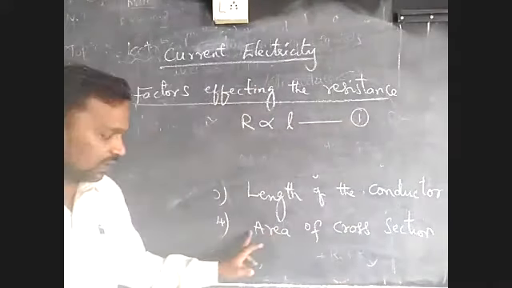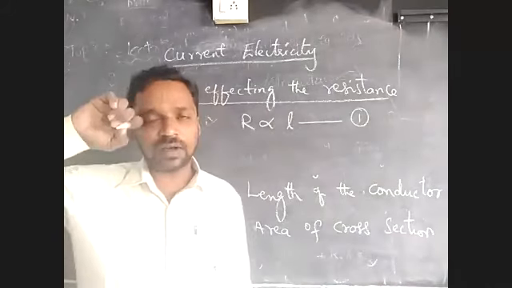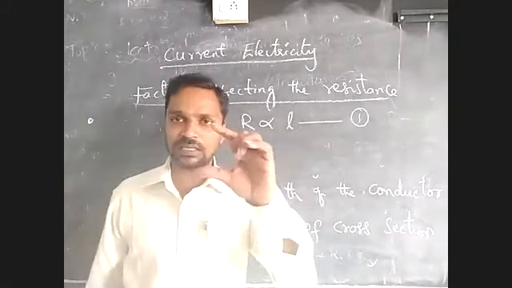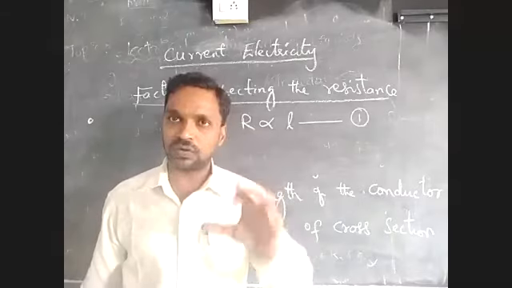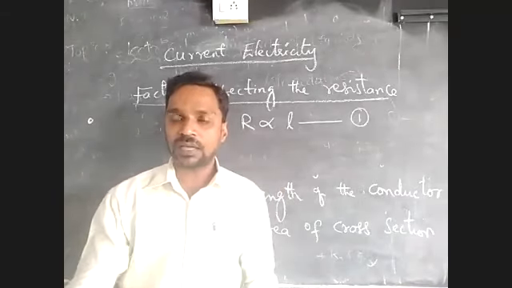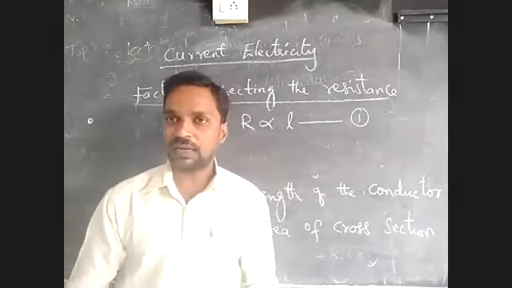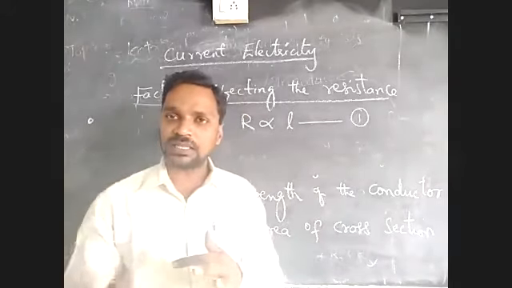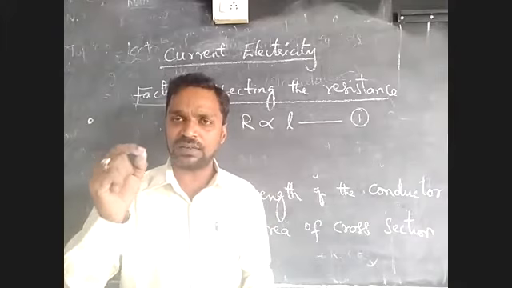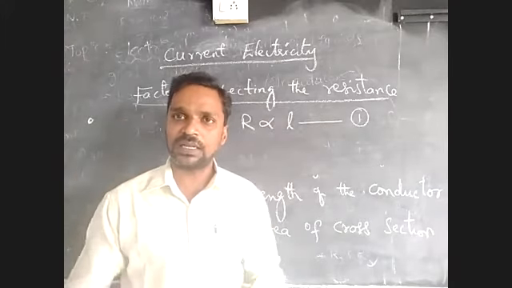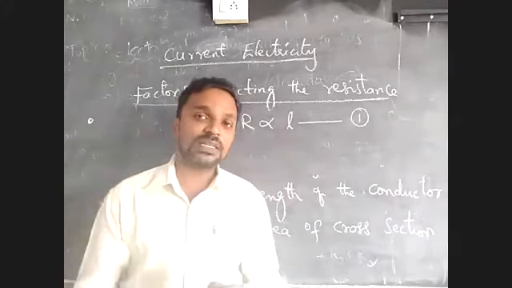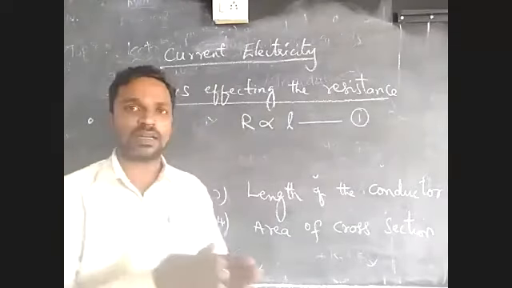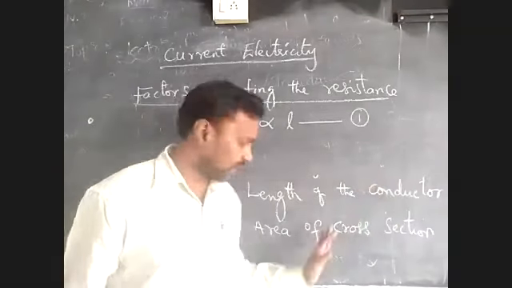Similarly, for the next one, if you take a water pipe, the more the thickness of the pipe, the area of cross section, the more water will come. If the thickness is less, less water will come. Similarly, if the area of cross section of the wire is less, the resistance will be more. When the resistance is more, a lesser amount of current will flow through the particular conductor.